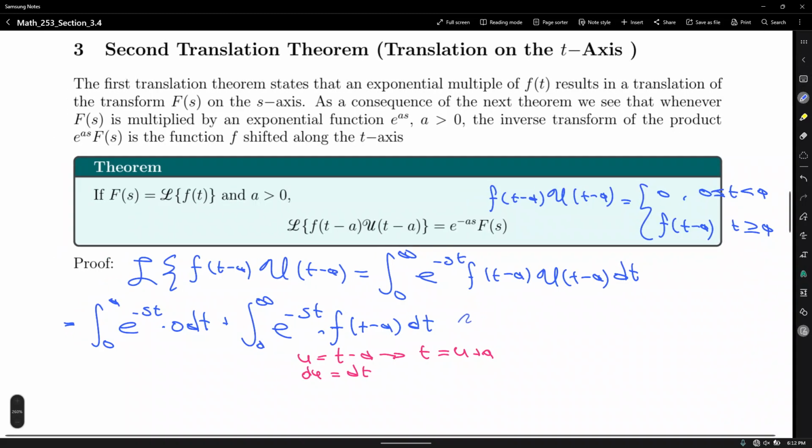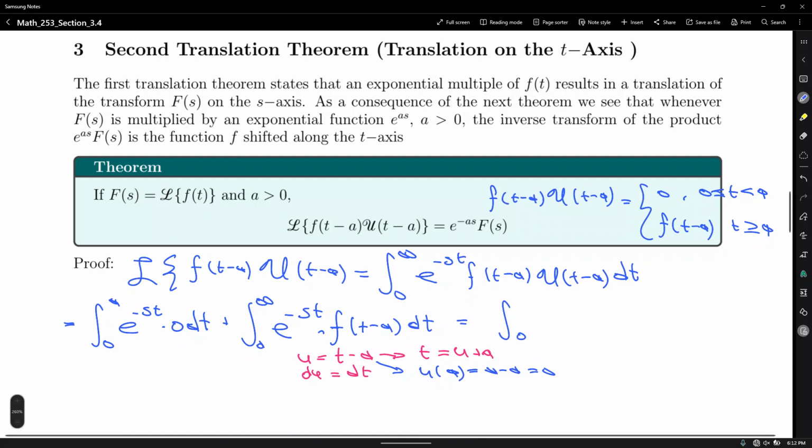This will be the integral from, okay, do you guys agree that when changing the limits of integration, u of a will be a minus a, which is 0? So now the lower limit is going to go to 0.